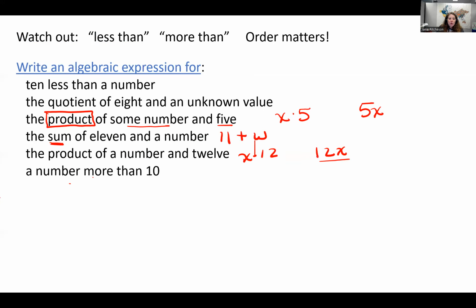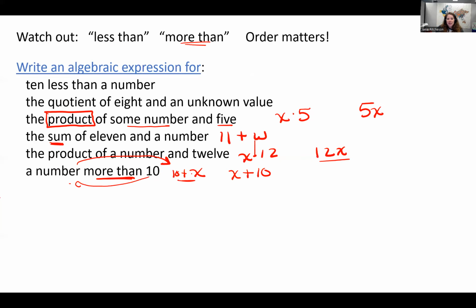A number more than 10. Now this is one where you technically are supposed to switch the order, so that you would write your variable first, and then your 10, what's in the back goes to the front. So 10 plus x. Technically this is the best answer, but since it's addition, if you got the order backwards, it's not really going to be a big deal because you can flip the order of multiplication and addition and get the same answer.